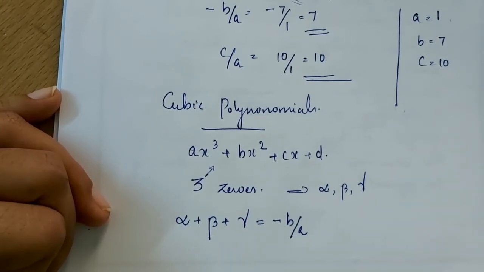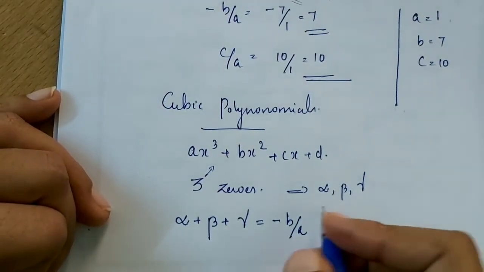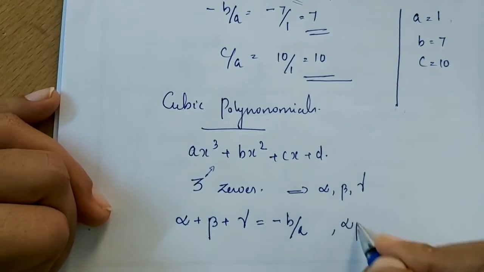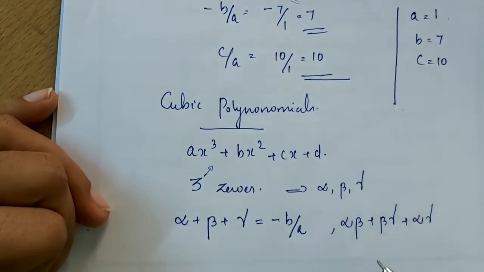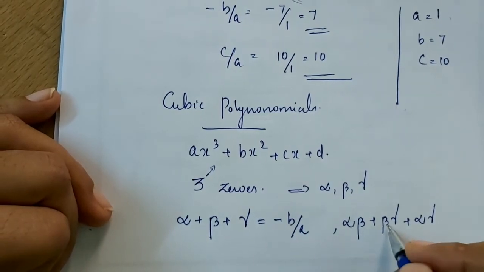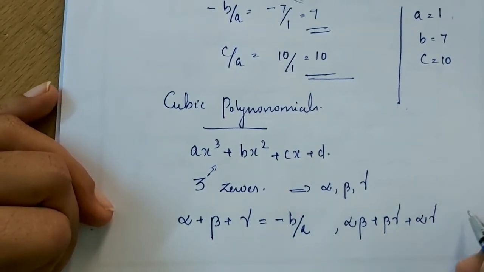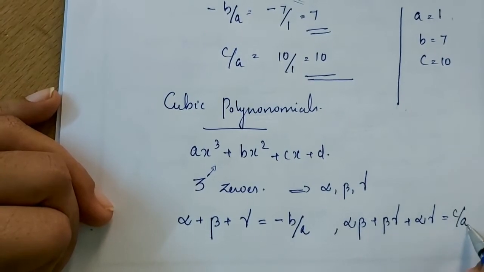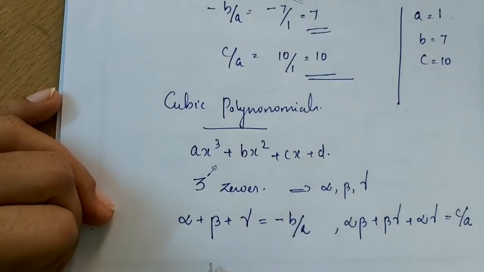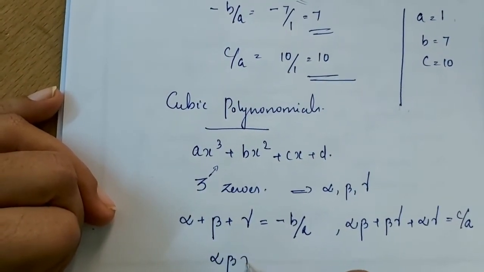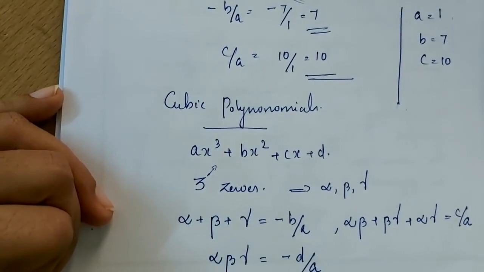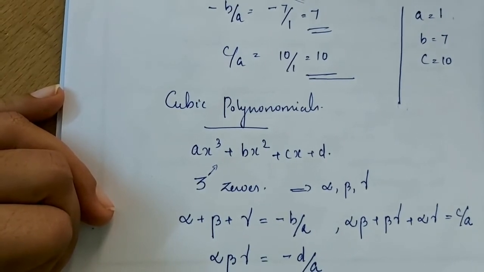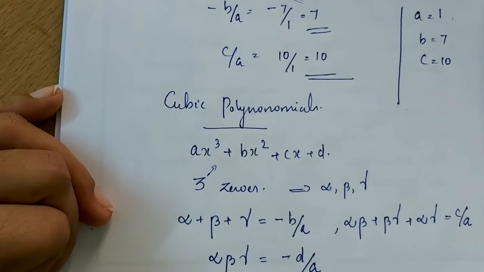And alpha beta plus beta gamma plus alpha gamma, that is multiplying each two terms and adding them, we get it as c by a. Then alpha beta gamma is equal to minus d by a. Okay, let's go to an example.